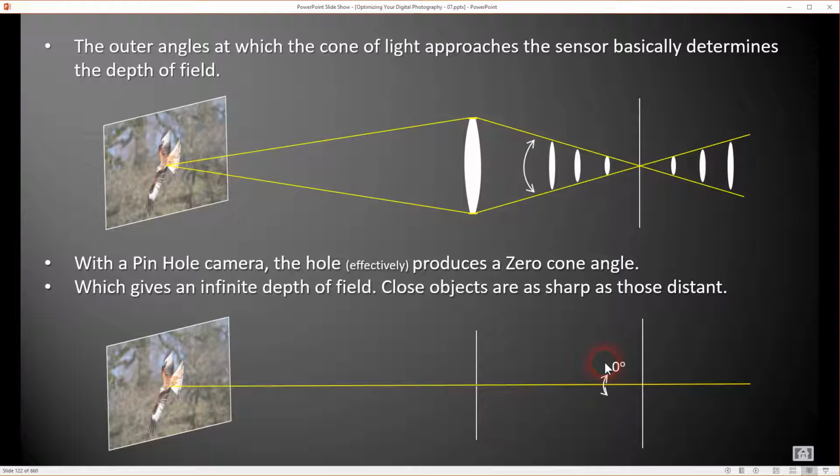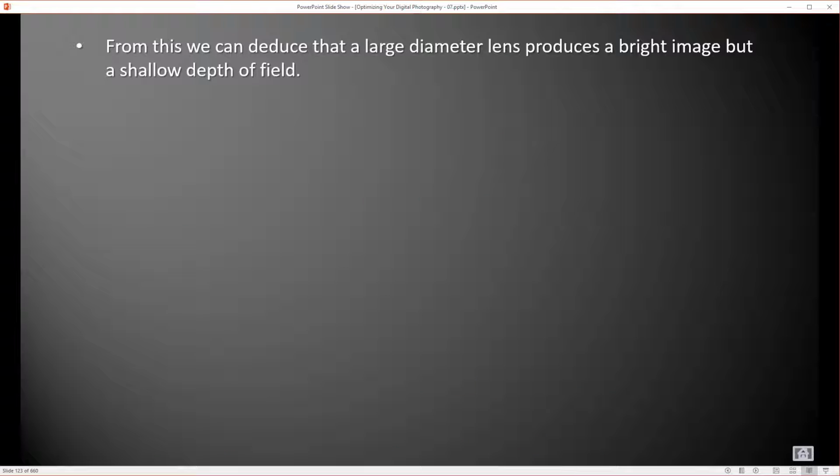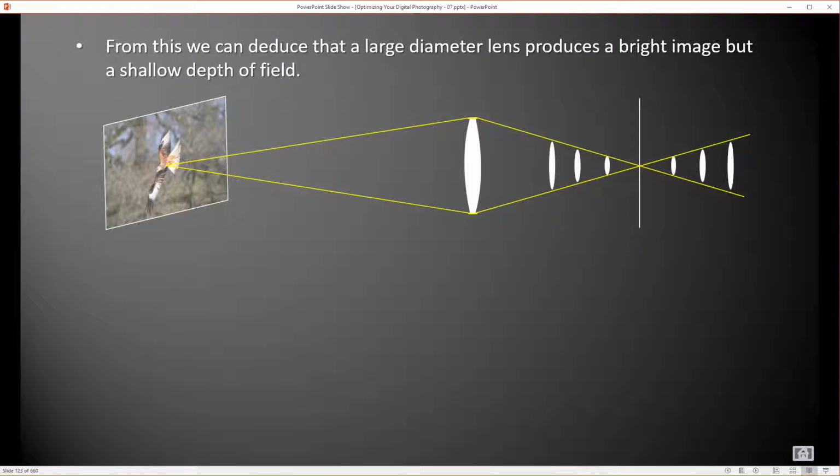So we'd have everything that's at total distance, everything at the right height, and everything that's closer appear equally sharp. However, because it's a pinhole camera, it admits very little light, and it's unworkable. So from that we can deduce that a large diameter lens produces a bright image but a shallow depth of field.